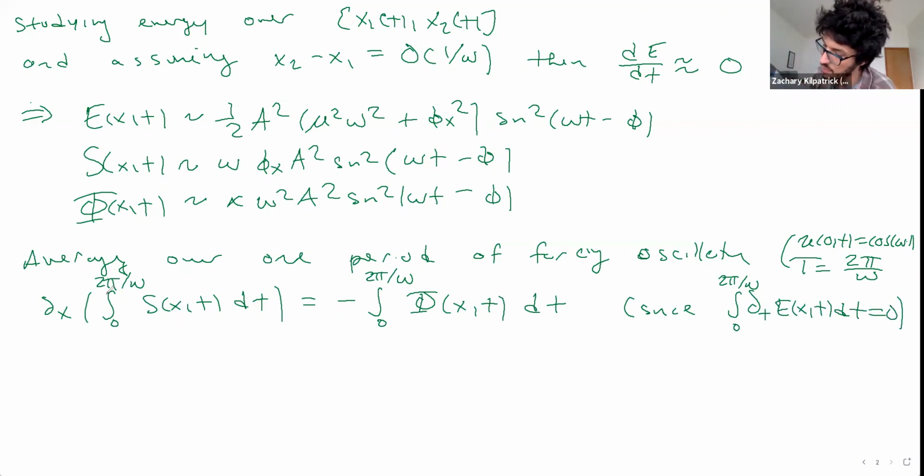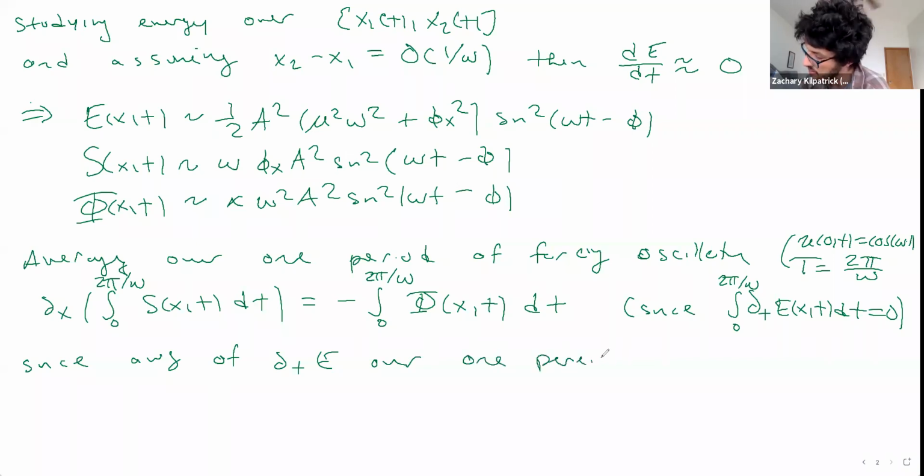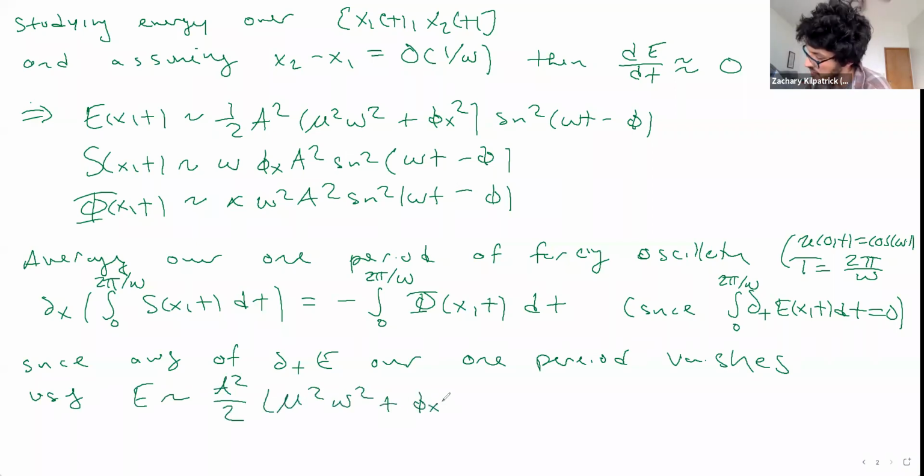So over one period, our energy flux is going to be equal to just whatever our energy dissipation is, okay? And since the average of dE/dt over one period vanishes, using that E is like A squared mu squared omega squared plus theta x squared sine of omega t minus phi of x.